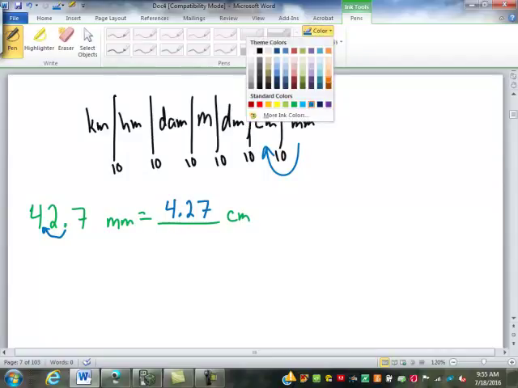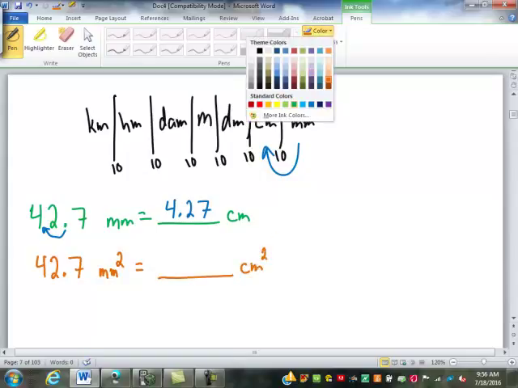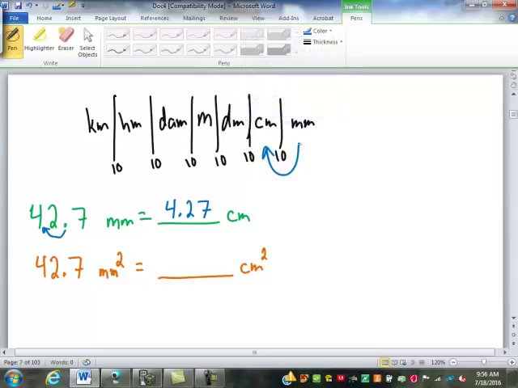What if that were, instead of 42.7 millimeters, it was 42.7 millimeters squared, converting into centimeters squared? Well, we're still moving millimeters to centimeters.